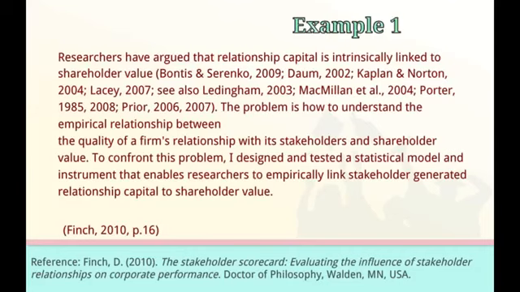And then these persons cite different prior research. That means that this person is linking their problem to the field of study. The problem is how to understand the empirical relationship between the quality of a firm's relationship with its stakeholders and shareholder value.